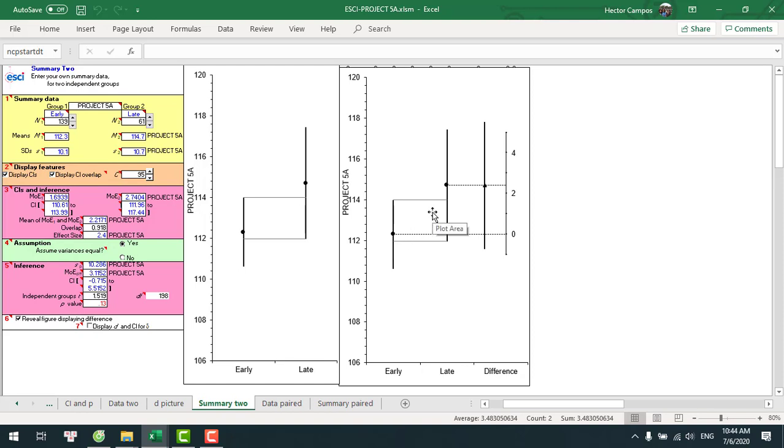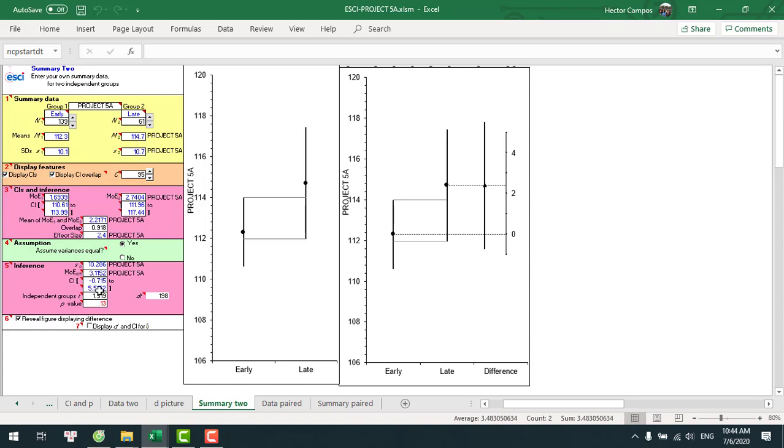The other test that I suggested in the video before was to look at the confidence interval that we get here for the test. In this case, we get a confidence interval of minus 0.715 to 5.5152. Now in this case, we do go through 0, and remember what we said before.